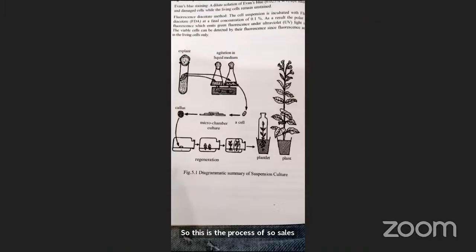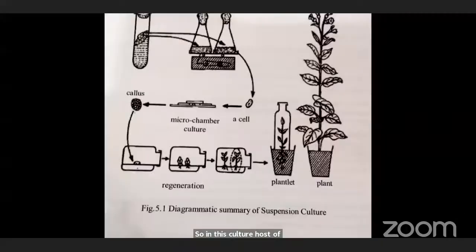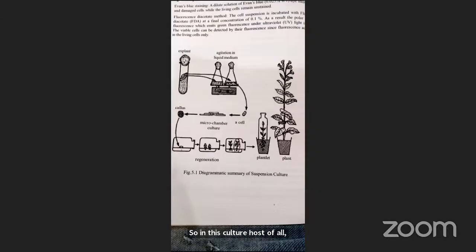In this culture, first of all, we have to take an explant from the selected plant. The explant is taken into the nutrient culture media and closed with cotton.